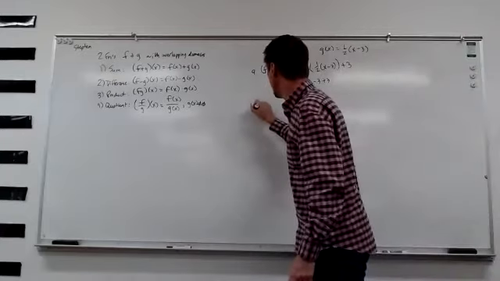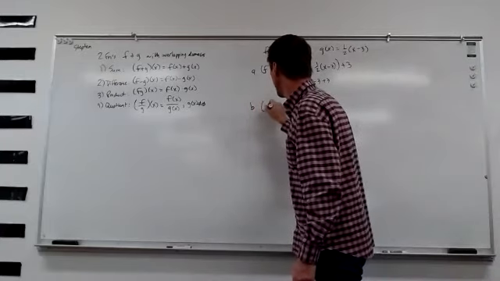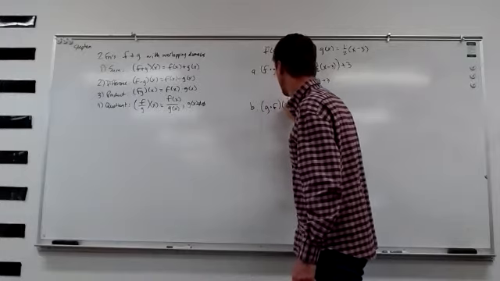Let's do B now. For B, they wanted us to find g composition of f. We're reversing things.